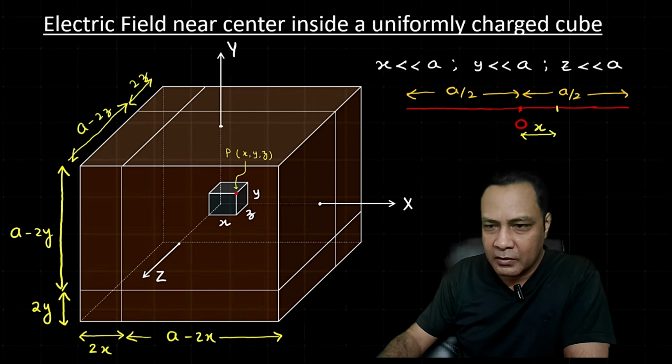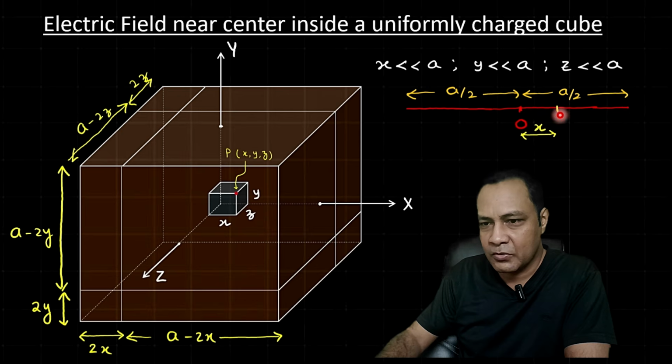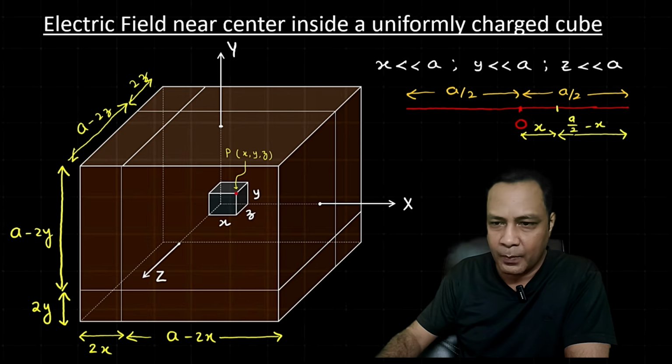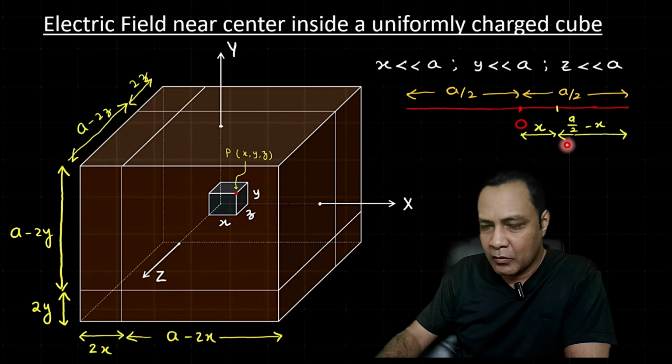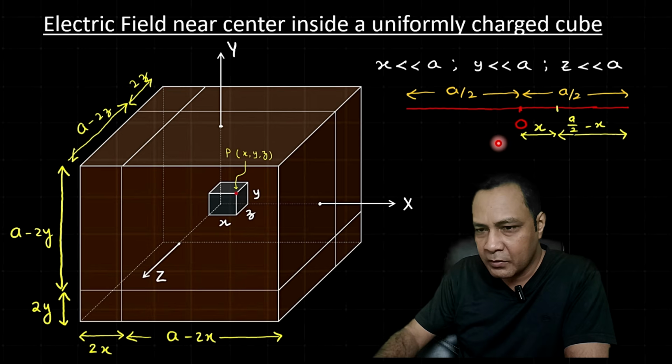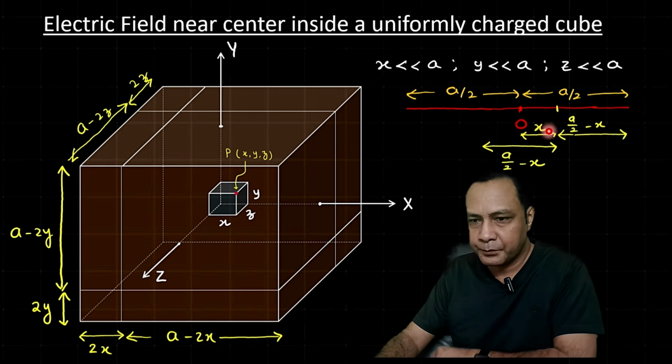So if I go to a distance x from this O, this will be how much? A by 2 minus x. And then if I go from here, a by 2 minus x, the remaining distance, how much?